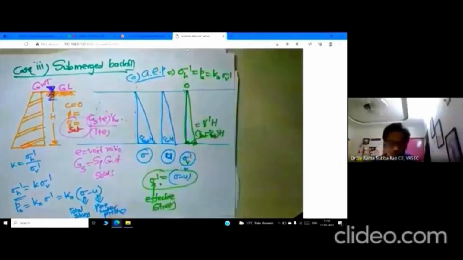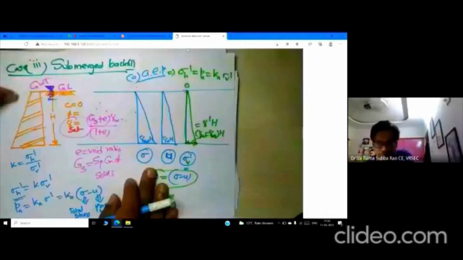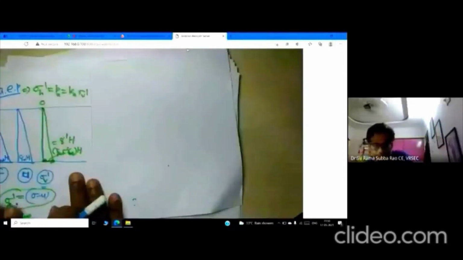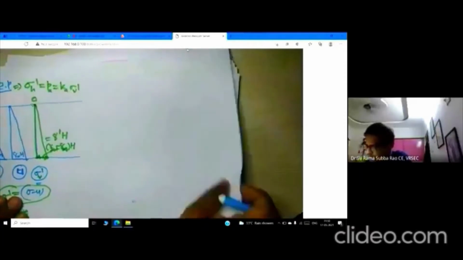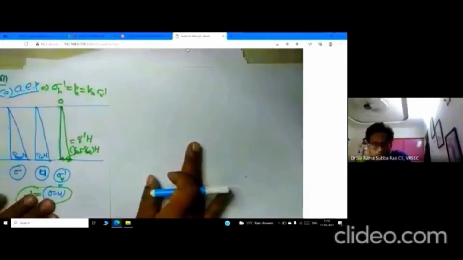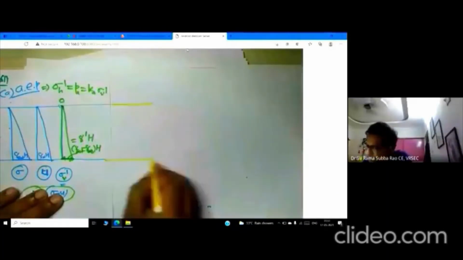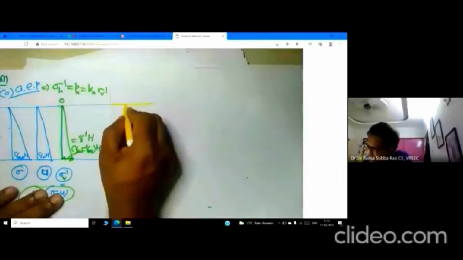Now I want the active force. How to calculate now? Because the space here is limited, I will go like this. So can anyone help me now? How to calculate active earth pressure now? Take these guidelines.